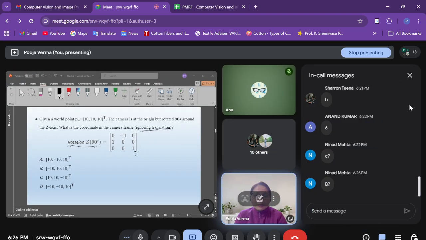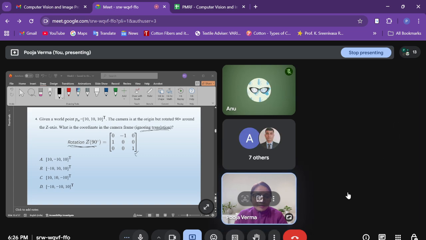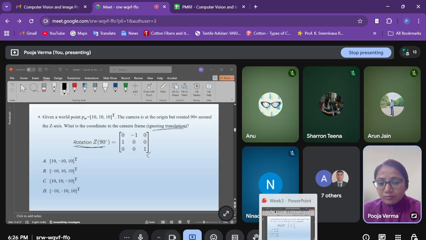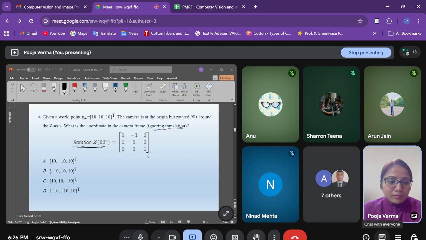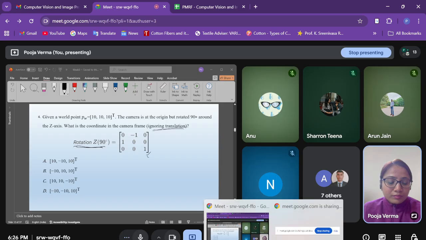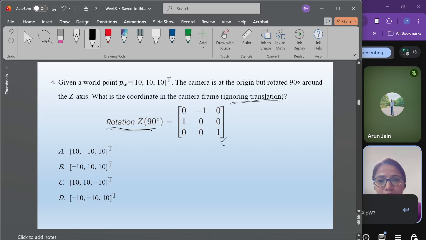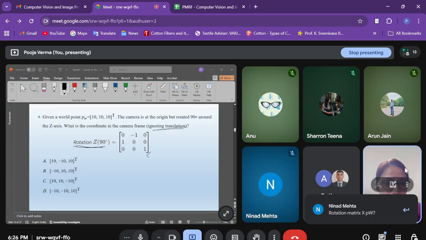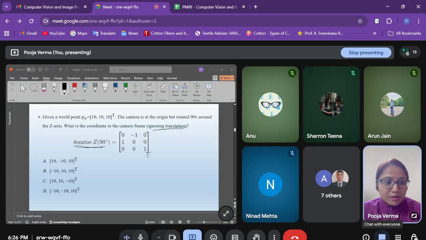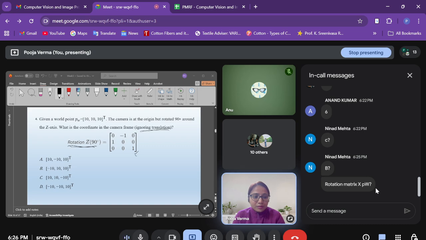Okay, B. So how can it be B? Are you just guessing or giving the answer? Okay, rotation matrix. Yeah, that's correct.